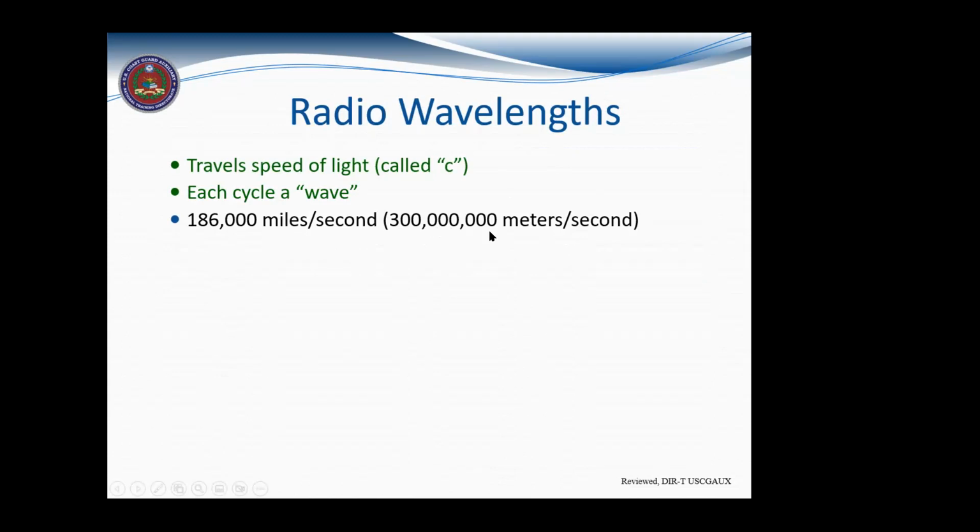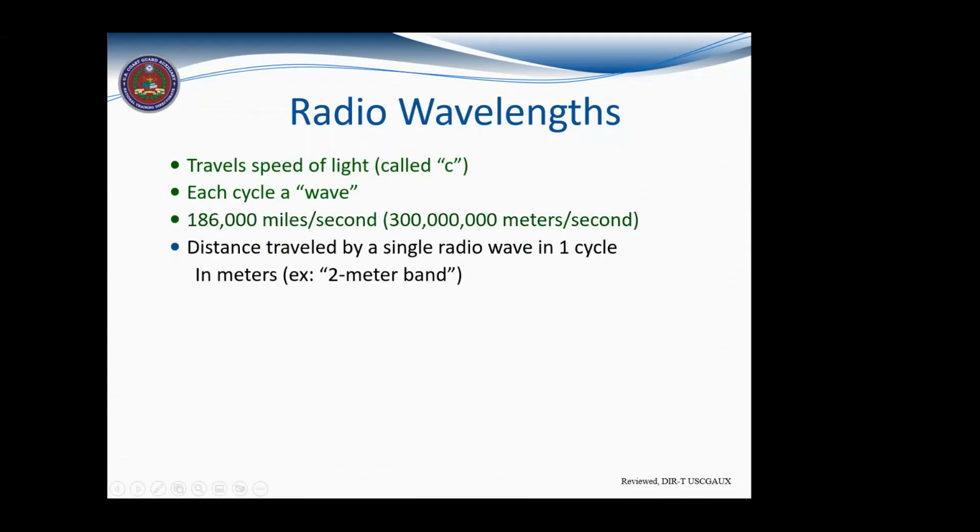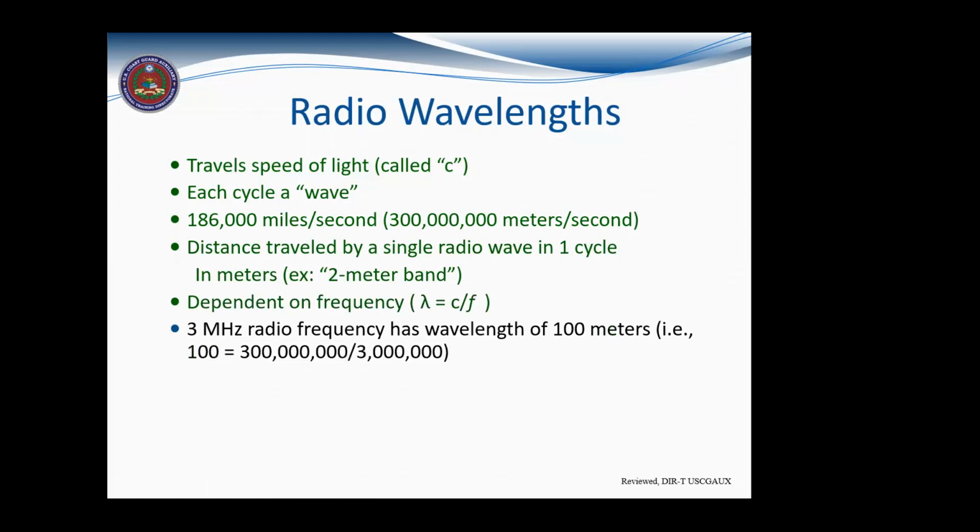So using 300 million meters as your length of 1 second of travel, by dividing that by the frequency of the signal, you will be able to calculate the wavelength that's being achieved by the radio.